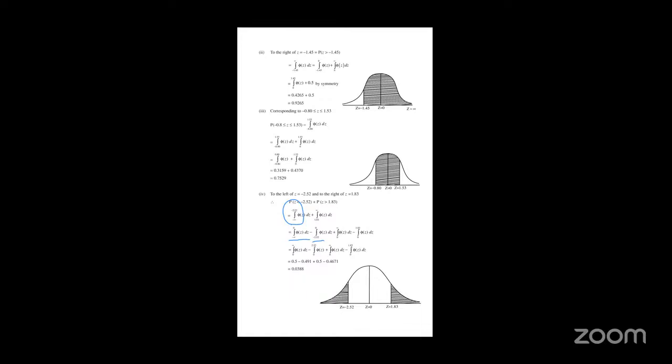Again, 1.83 to infinity can be represented as 0 to infinity and 0 to 1.83. The boundaries are changing. This becomes 0.5, and this becomes 0.5. We'll substitute the values 1.83 and 2.52 from the table, calculate, and we'll get 0.0388.